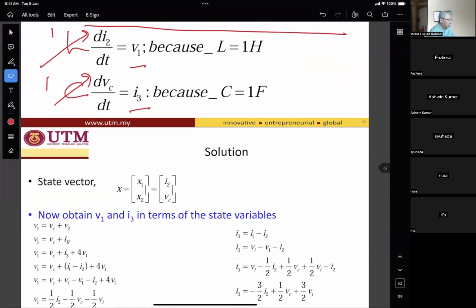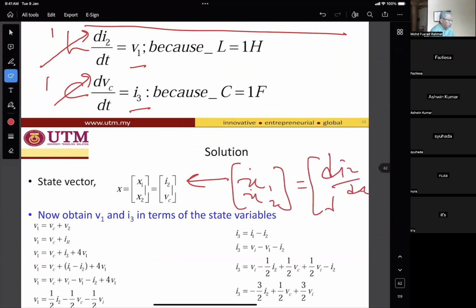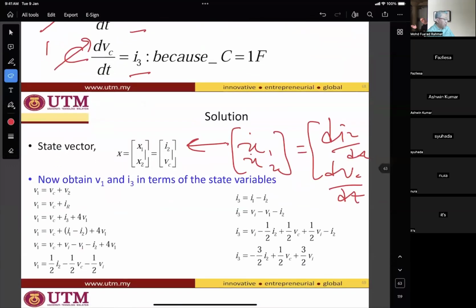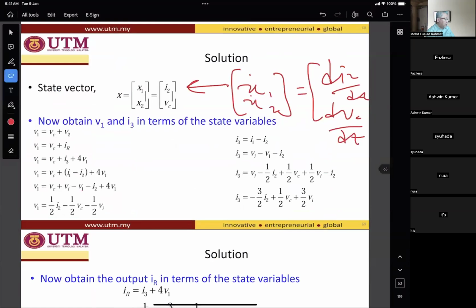And the state vector is here. And automatically, you know that the derivative state vector will be dI2 dt and dVC dt. So do the substitutions until you get the I2 and VC, dI2 and dVC.